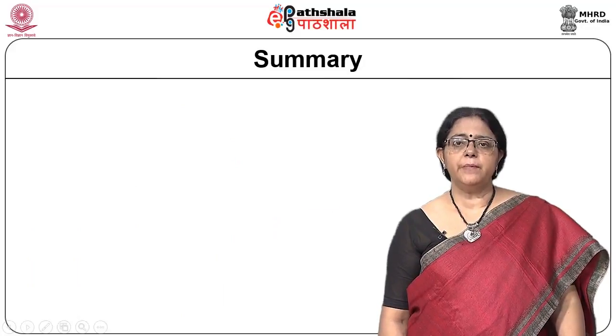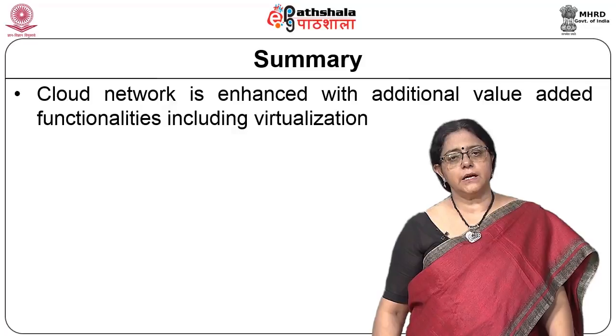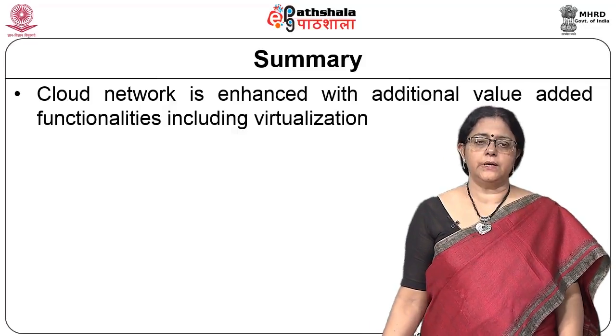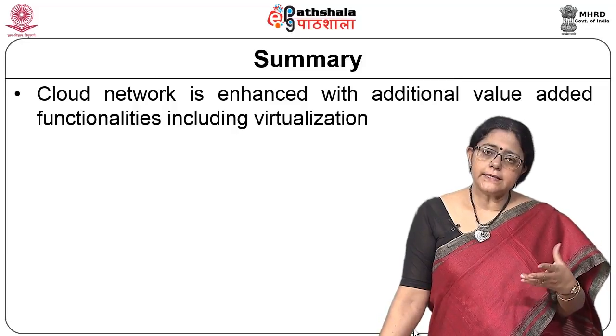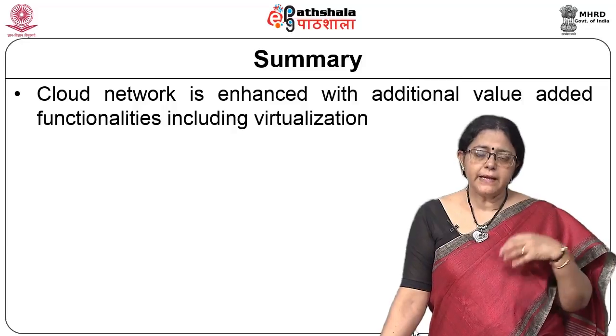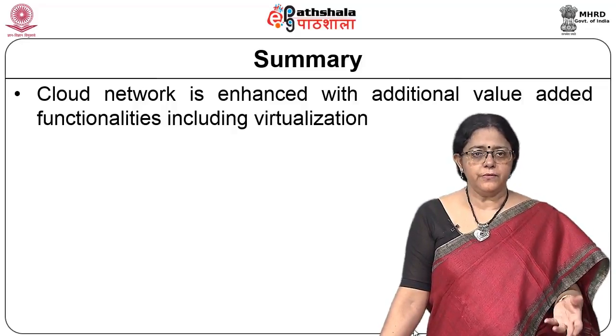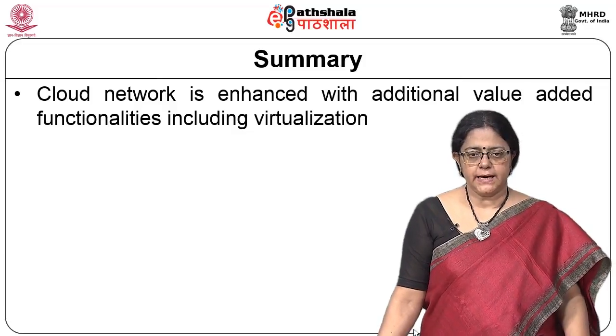To summarize our talk today, we looked at cloud networking, where first we saw the basic standard networking and implemented a cloud environment on top of that standard networking. That is what normally is expected to be done.